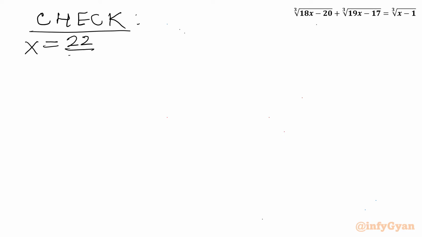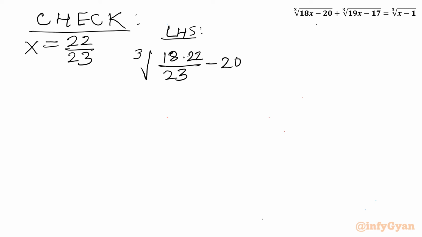Let us cross-examine. So I will write here check, and I will begin with x equal to 22 over 23. So LHS. I will write cube root of 18x, so 18 times 22 divided by 23 minus 20, plus cube root of 19x, 19 times 22 divided by 23 minus 17.